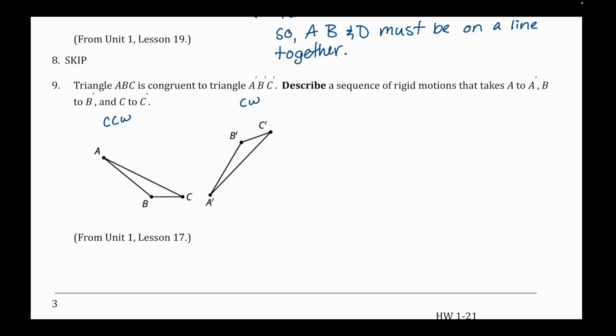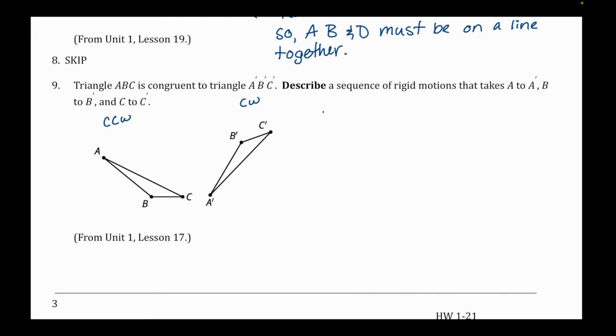Because these are separated and they don't share a point, we're going to translate first. I think we'll also need to rotate a little bit, specifically because it doesn't show us any degree measurements. So I'm going to throw a rotation in there just to make sure that we have things lined up.